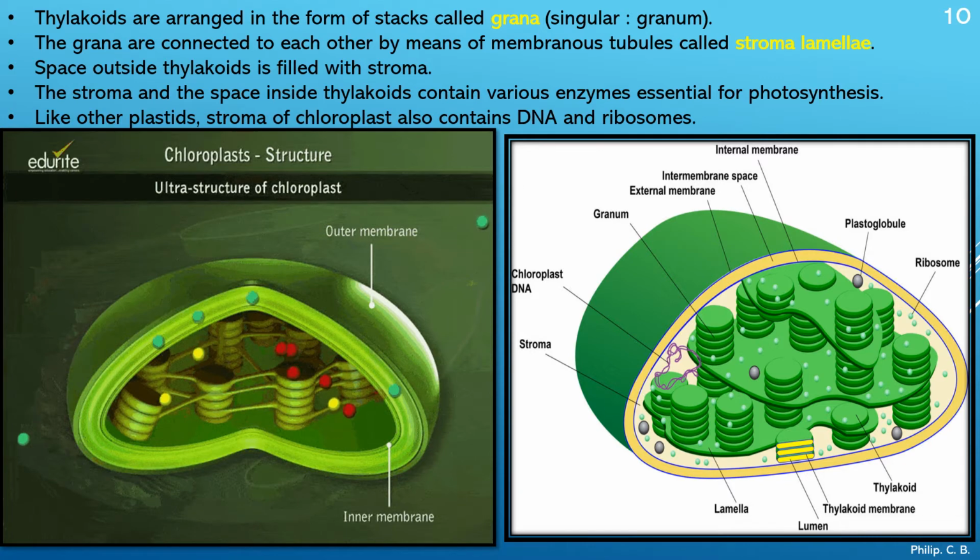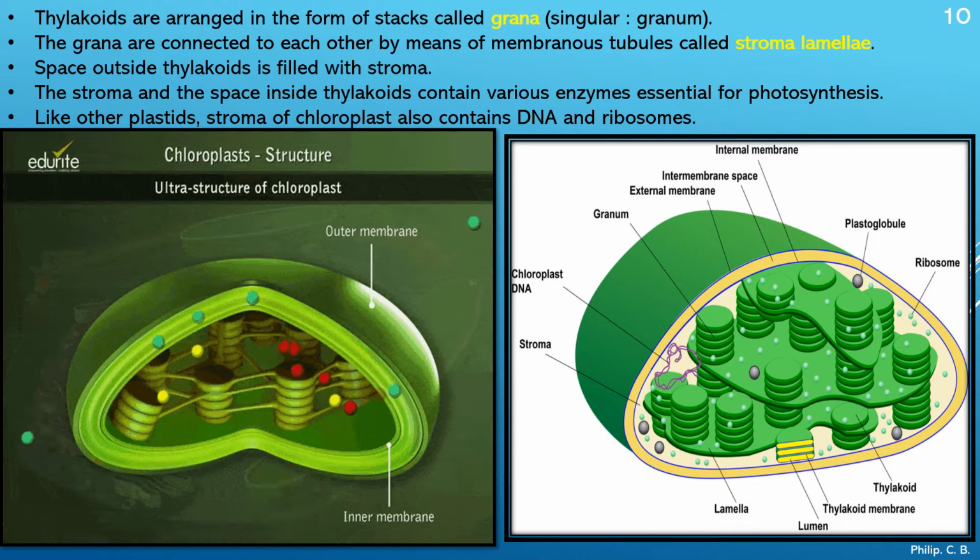Thylakoids are arranged in the form of stacks called grana. You can see stacks, or just imagine coins kept one above the other. When you arrange coins one above the other, that is how they appear, right? The grana are connected to each other by membranous tubules called stroma lamellae.